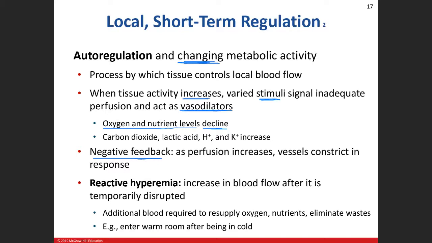So the stimulus was a decline in oxygen and nutrient levels, low glucose levels, oxygen is low in those tissues. Well, they will start to release chemicals that will act as vasodilators, because that's going to increase the blood flow to that area. What will that do? That will increase perfusion. Okay, we've increased our perfusion.